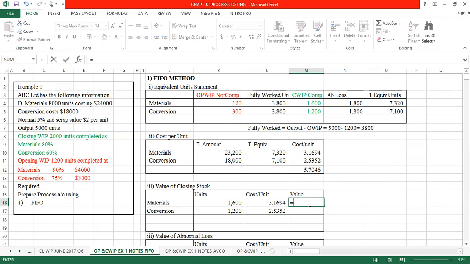So what is the total value? 1,600 times that cost per unit. The next one is 1,200 times that. So it gives you that. Maybe I can round off these. Let me just round off that. Something like that. So we have, that is the total value.